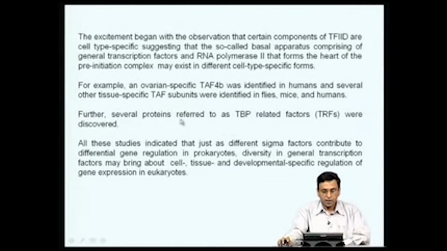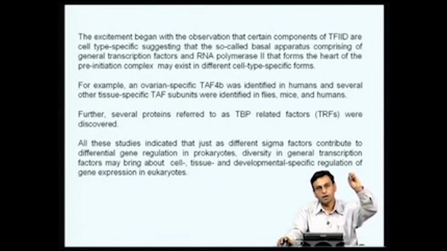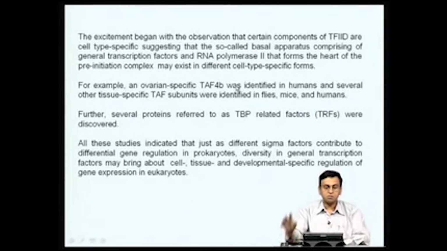For example, in the case of TAFs, once they identified a bunch of TAFs from model organisms like Drosophila and yeast cells and HeLa cells and so on and so forth, they identified a new TAF called TAF4B, which is actually expressed only in the ovarian cells in humans. And this variant of TAF4B is not exactly the same as the TAF4 which is expressed in other cells, suggesting that there are variants of these TAFs expressed in other cell types.